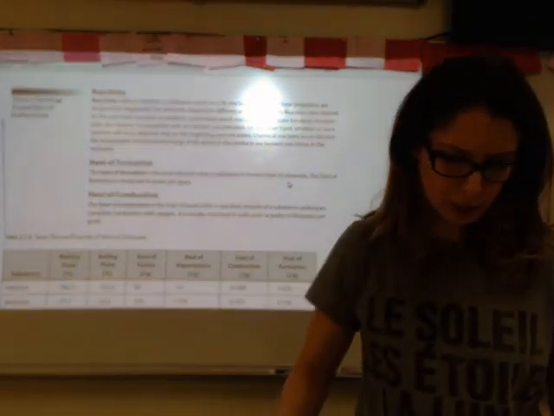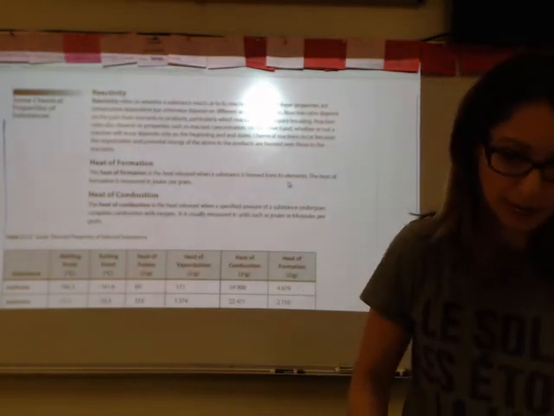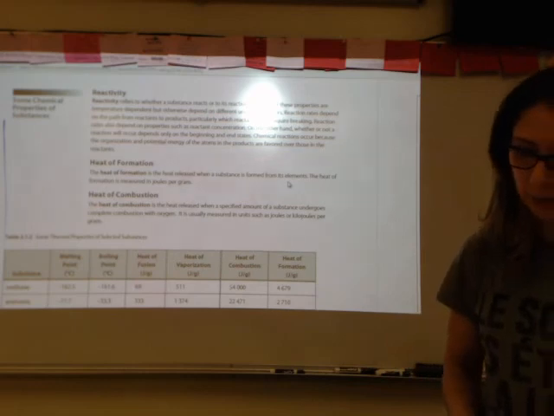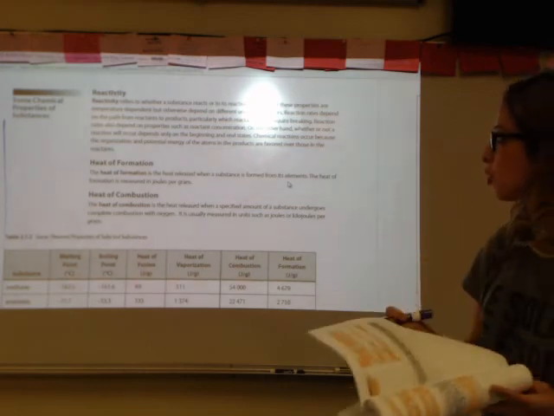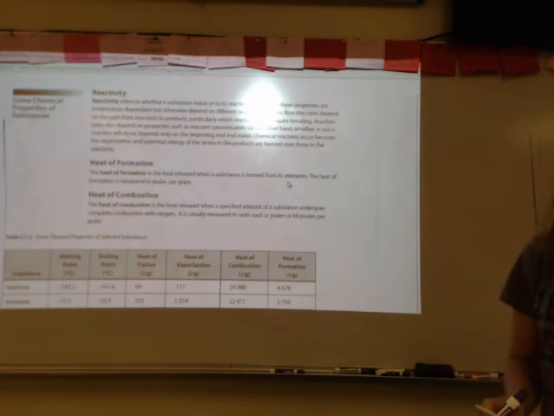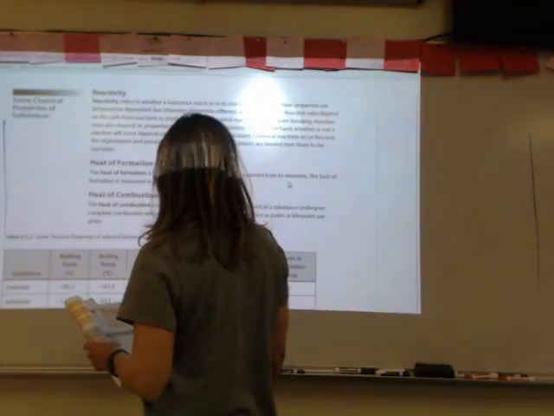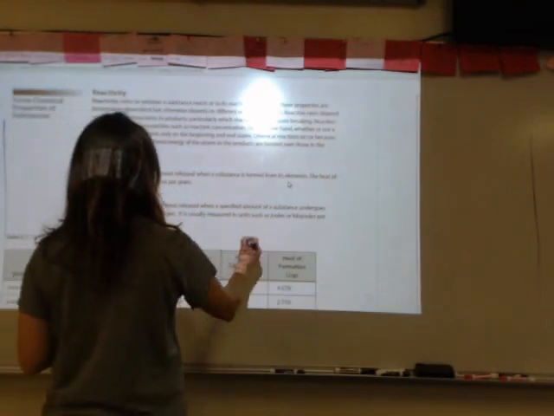For reactivity, this refers to whether a substance reacts or to its reaction rate. And both of these properties are temperature dependent. And reaction rates depend on the path from reactants to products. And reaction rates also depend upon the concentration of reactants that are present.